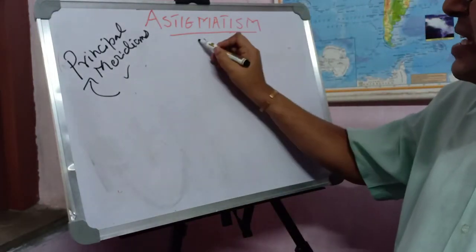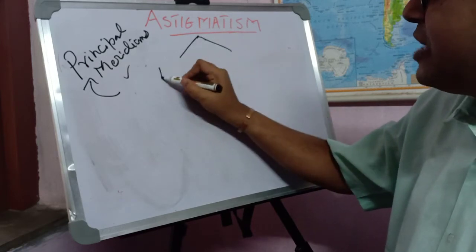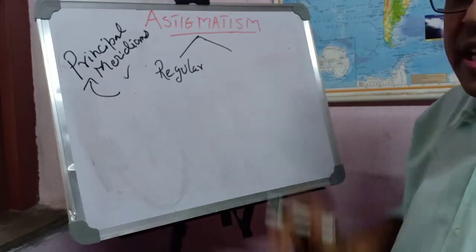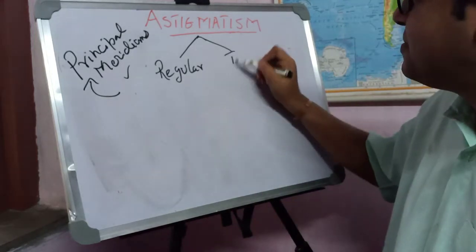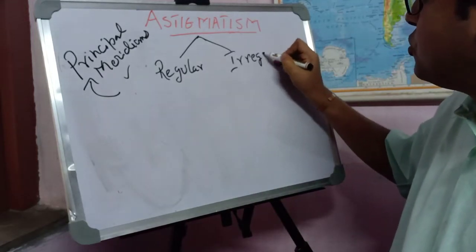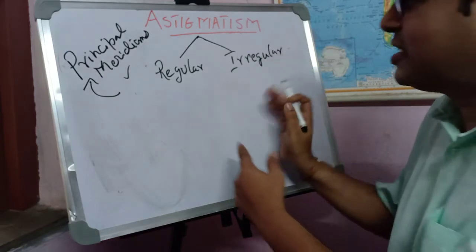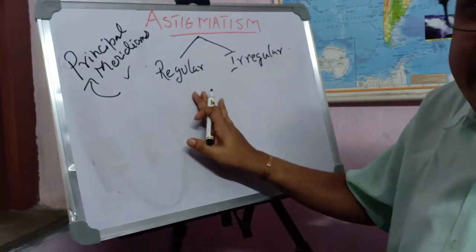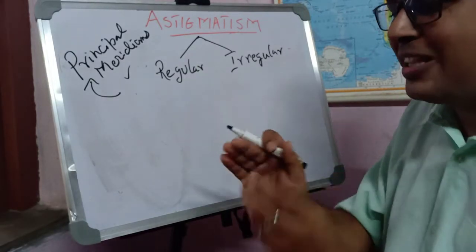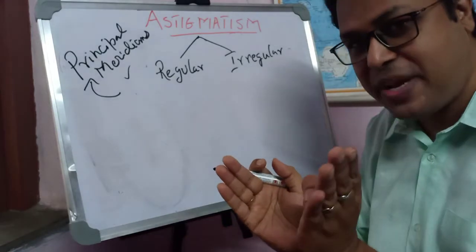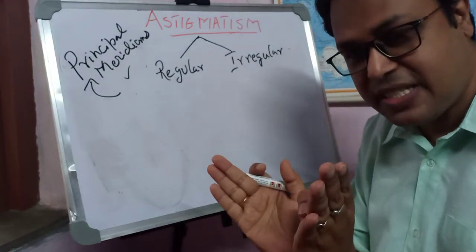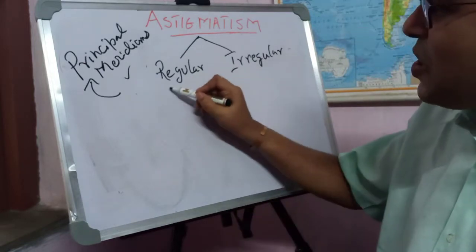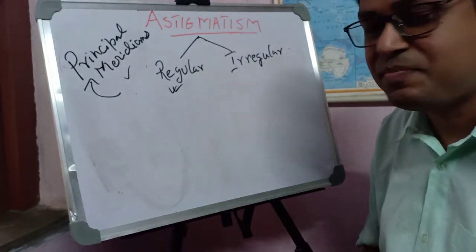So astigmatism can be regular, and it can be irregular. In irregular, you do not have a pattern. In regular astigmatism, you have a pattern. We know from part one of the video that when the principal meridians, that is the steep meridian and the flat meridian, are 90 degrees away from each other, that is called regular astigmatism.